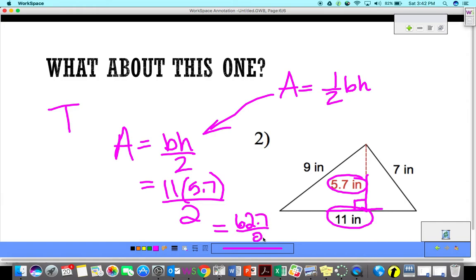When I divide that by 2, I get 31.35. Now, I need to make sure that I label my answer. The unit in this shape is inches, so it's 31.35 inches square for my final answer, because this was a triangle.